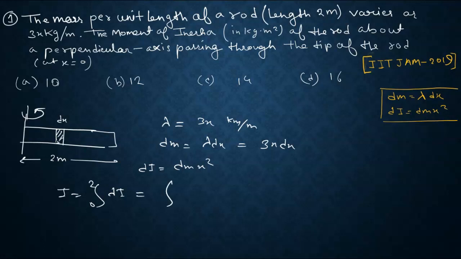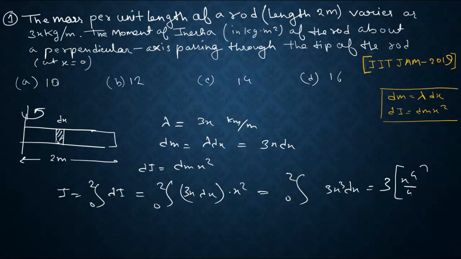So it is the integral from 0 to 2 of 3x dx, that is the mass, into x square, which equals the integral of 3x cube dx, which equals 3 x to the 4 by 4 from 0 to 2. That equals 3 into 2 to the power 4 by 4, which equals 12. So option B is the correct answer.